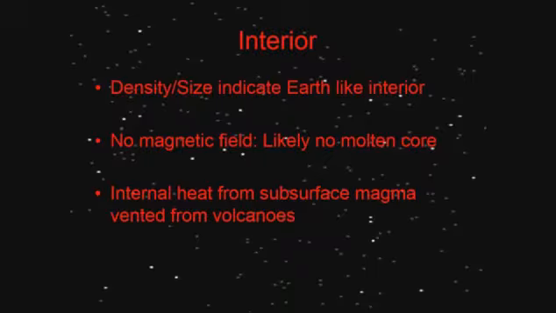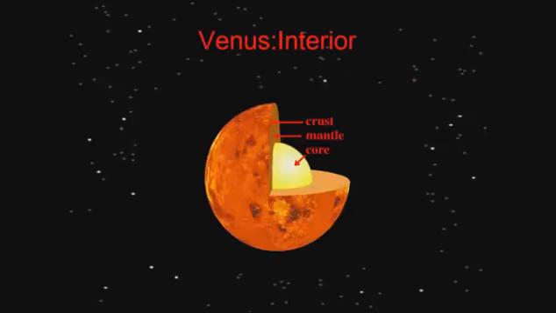It has a lot of internal heat from some subsurface magma that gets vented from the volcanoes, but as far as we know, no molten core as such. But its structure is very similar to the Earth. An outer skin as the crust, some kind of rocky mantle of slightly lower density than the core, and then some core.